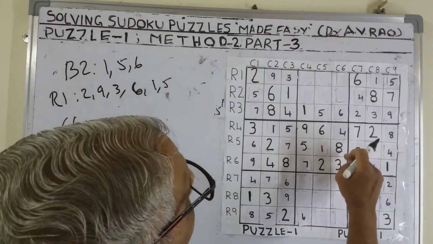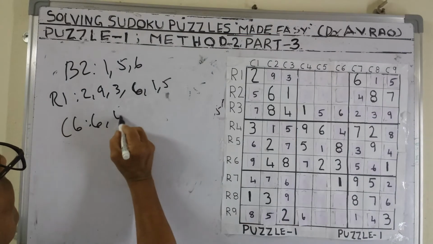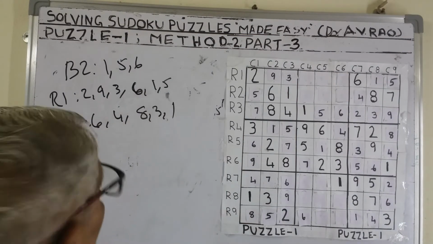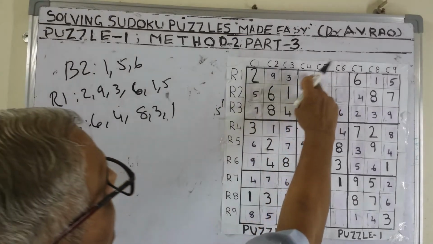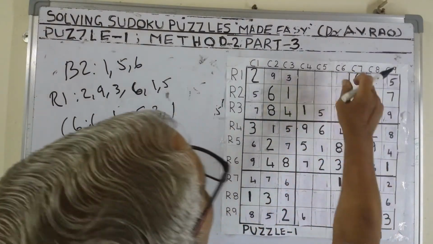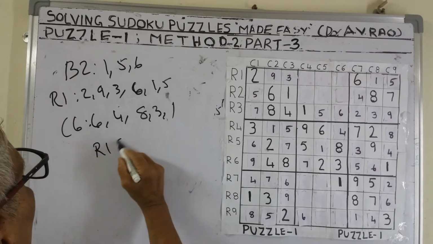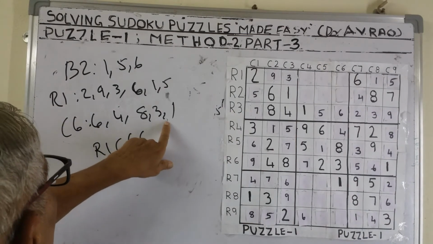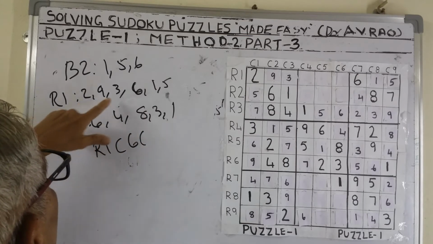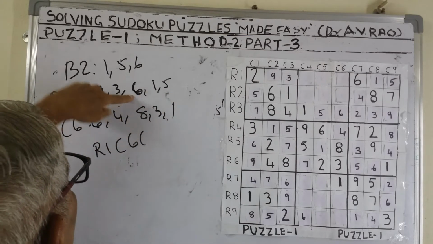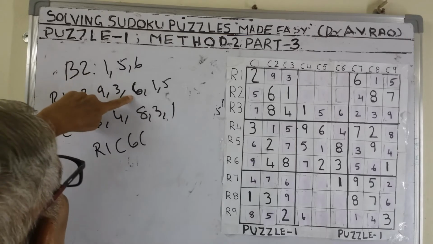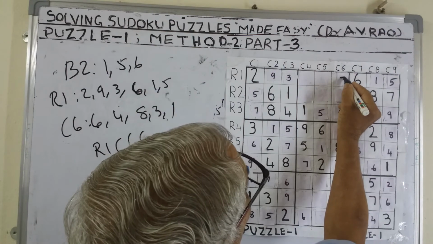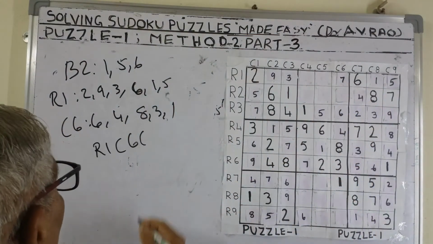C6 is 6, 4, 8, 3 and 1. We have to fill up R1C6. See, 1 is there, 2 is there, 3 is there, 4 is there, 5 is there, 6 is there, 8 is there, 9 is there. So it must be filled with 7.